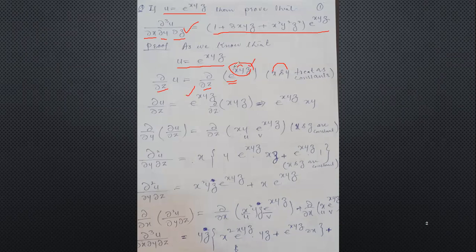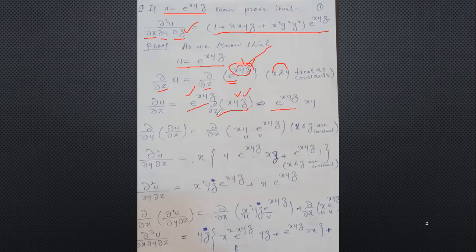So derivation of its power is partial derivation of x into y into z with respect to z. Here I got derivation of its power. Now this exponential remains the same.